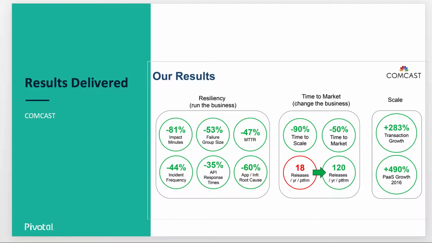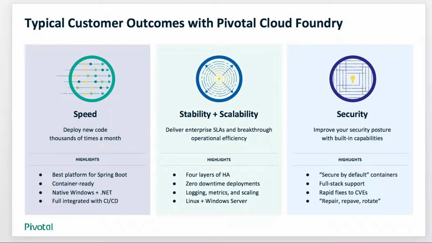Okay, so moving ahead, in this slide we're going to speak about the value propositions Cloud Foundry brings. So here the 4S. The 4S stands for speed, stability, scalability, and security.